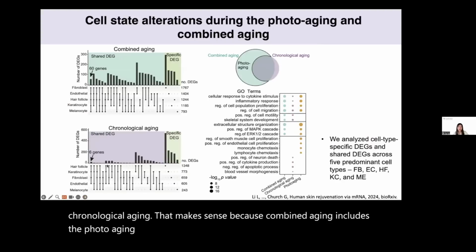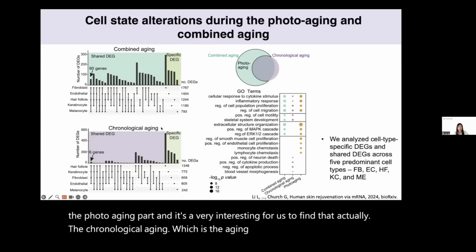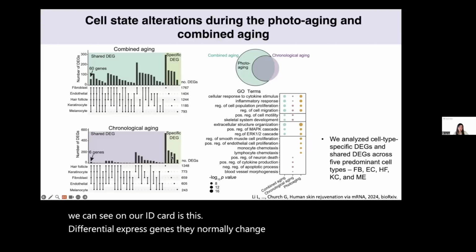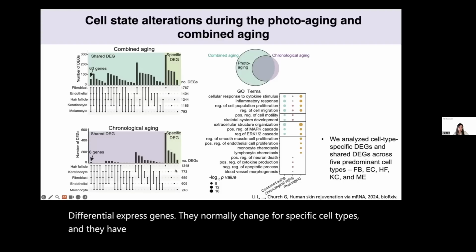And it's very interesting to find that for chronological aging, which is the aging type related to the age we see on our ID card, the differential expressed genes normally change for specific cell types, and each cell type has a lot of differential expressed genes.